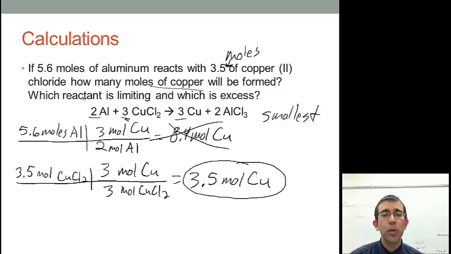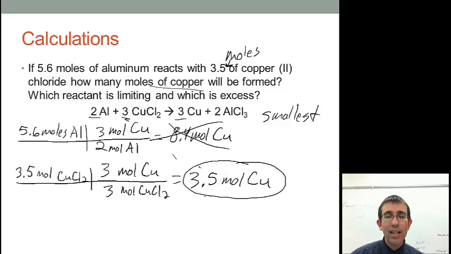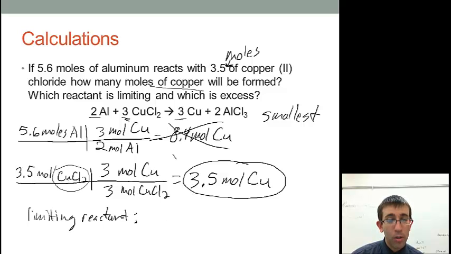The next question is which reactant is limiting and which is excess. Simple to do. Whatever reactant, remember reactants are on this side, okay? So whatever reactant gave you this smallest number is your limiting reactant. In this case, what chemical gave us this smallest number? Well, copper chloride gave us the smallest number.